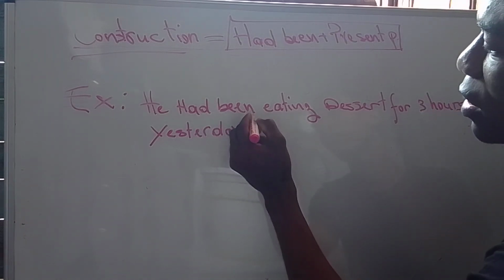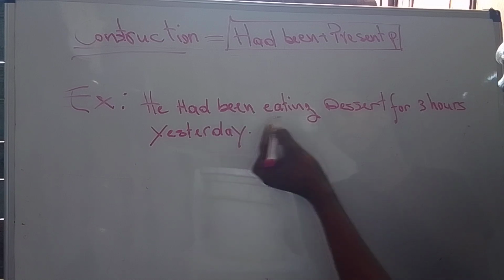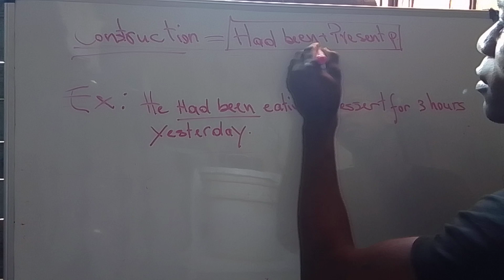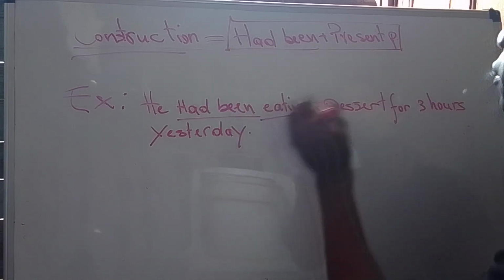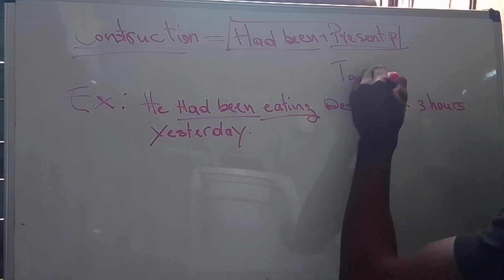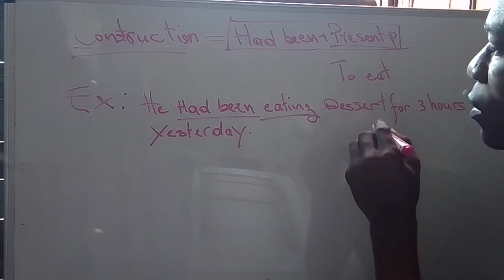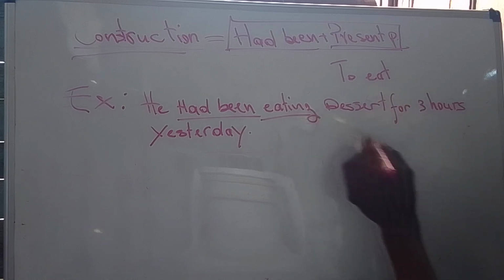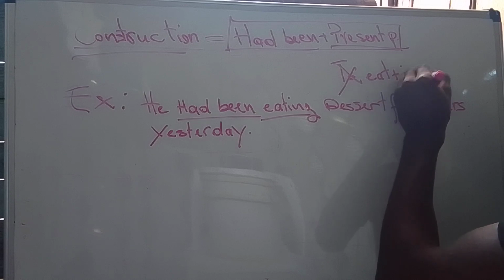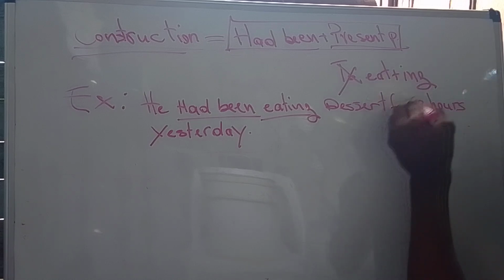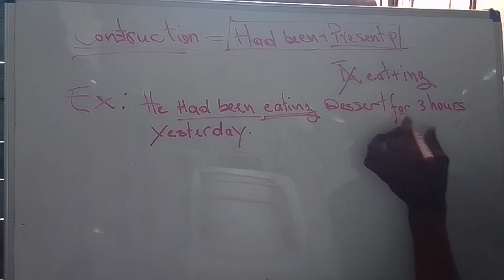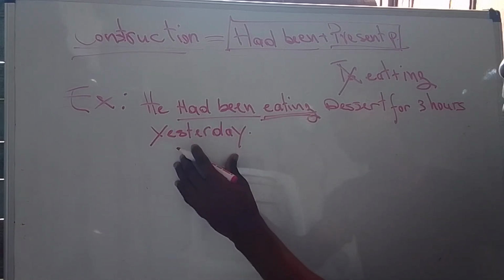This is the had been right here. Eating is the present participle of the verb to eat. I erase that one and I put an ing form right here. That gave me eating. Okay? He had been eating dessert for 3 hours yesterday.